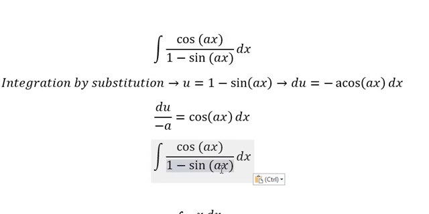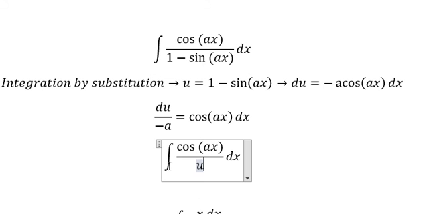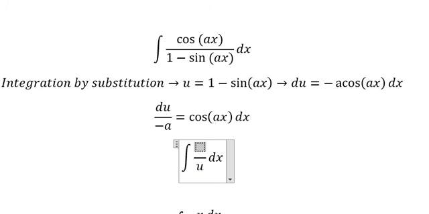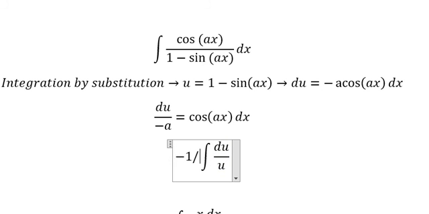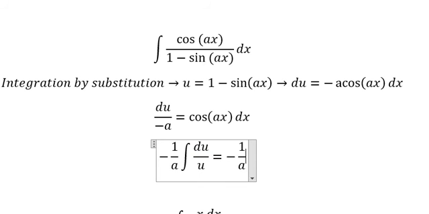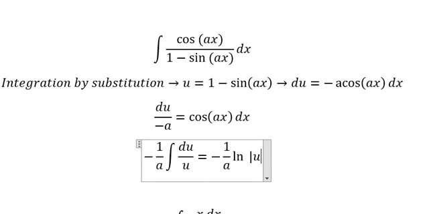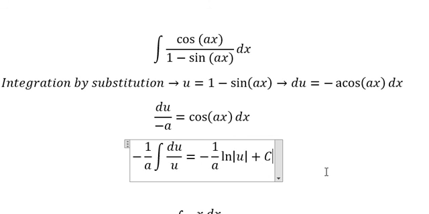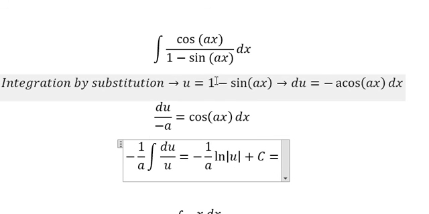So this one we change for u. Cosine as ds we change for du over negative a. And this integration, you will get ln of the absolute value of u, and we put c. About u, that's this one.